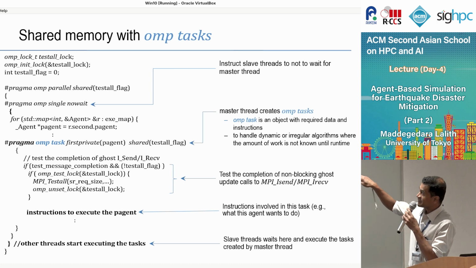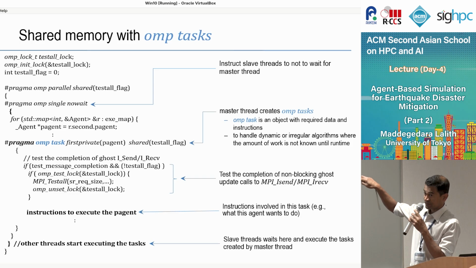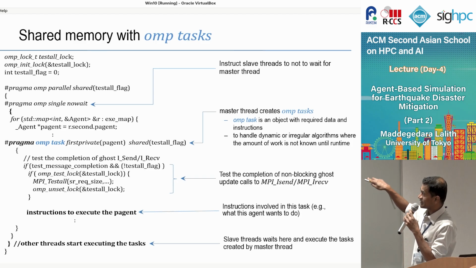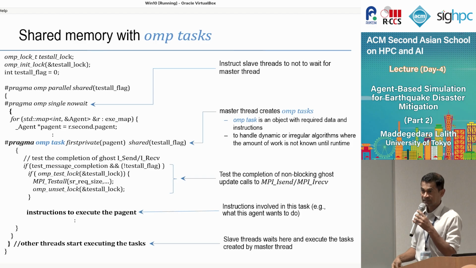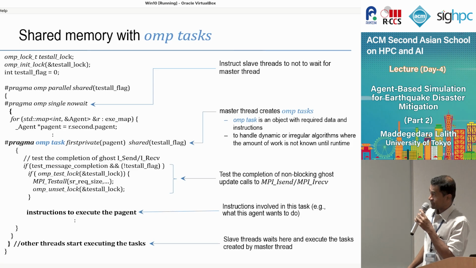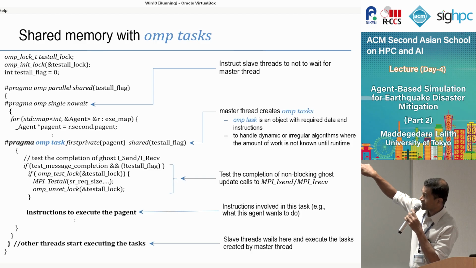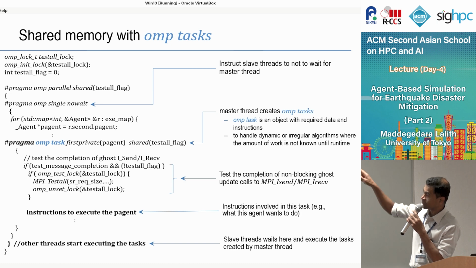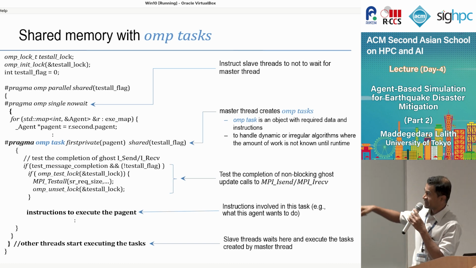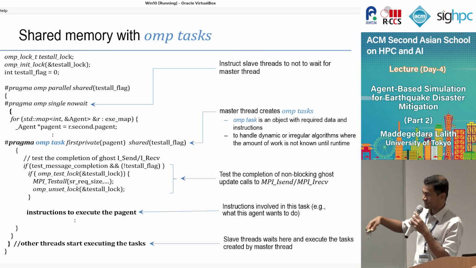Then we used this new feature that came with OpenMP 4, I guess. It's called tasks. It's mainly designed for handling dynamically changing data structures and irregular algorithms. What happens here is we start the parallel region, and here we tell it this is a single region. What is within these two brackets is a single, that only one thread will execute. And this nowait means all the other threads will not wait and go to the next stage.